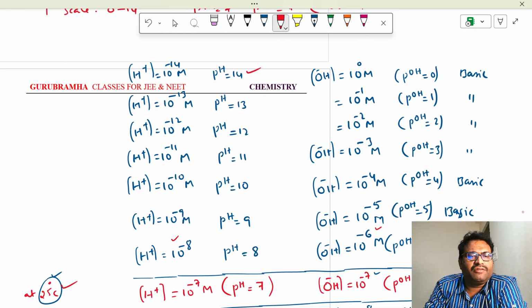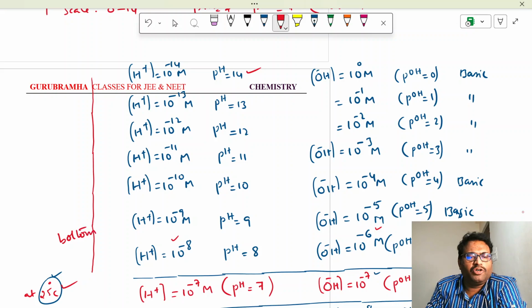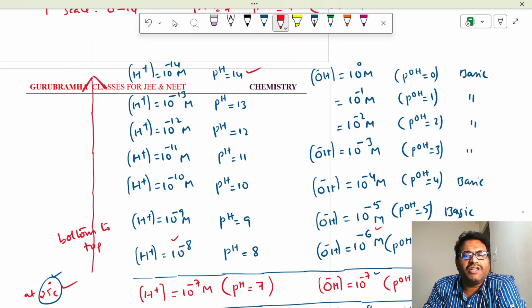Now you see, when we are moving from here up to 10 power minus 7, when we are moving from bottom to top, what is happening?